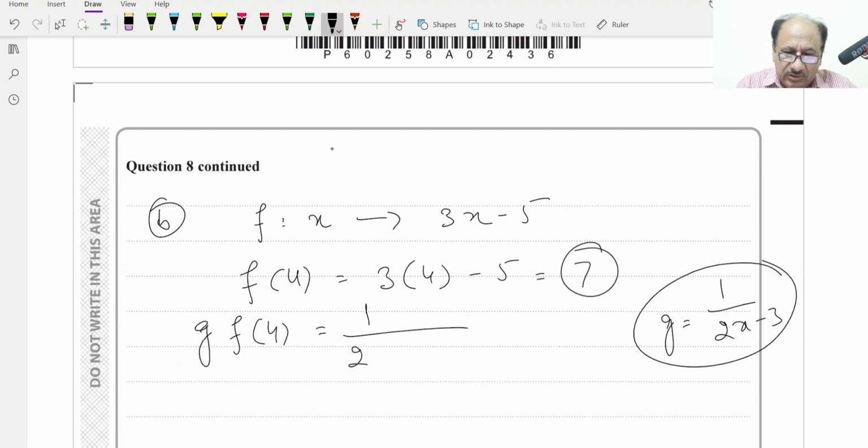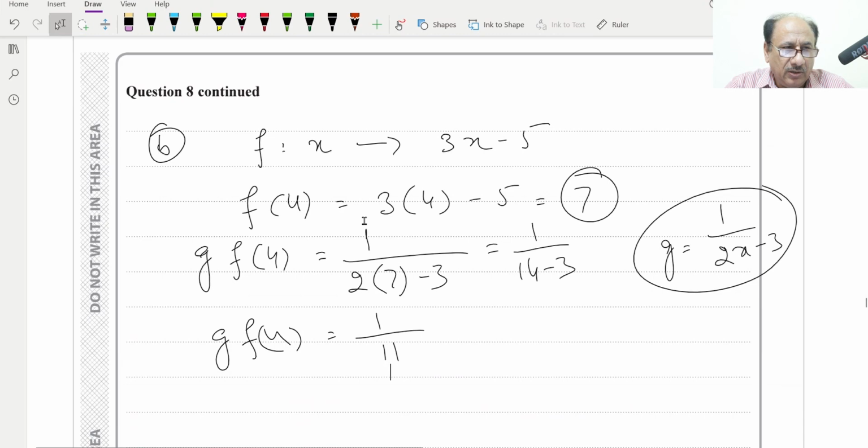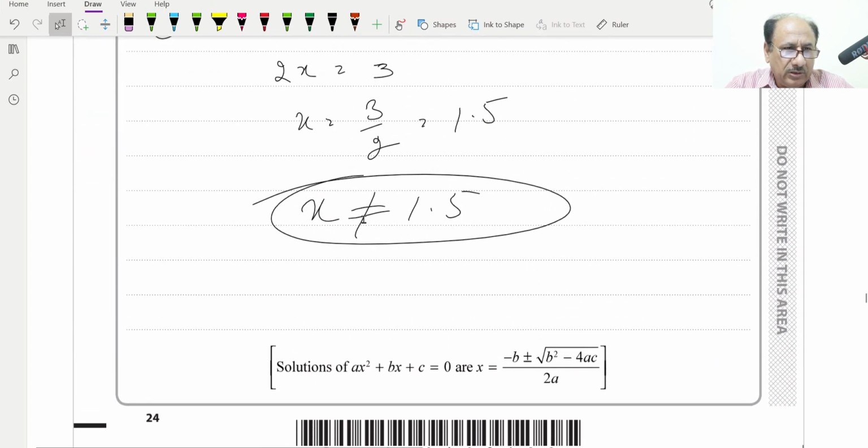We will write basically this one will be 2 into 7 minus 3, because x value is 7, f of 4 is 7, so we have replaced this. So this will be equal to 1 over 14 minus 3. So g of f of 4 will be equal to 1 over 11, and this will be answer for this part.